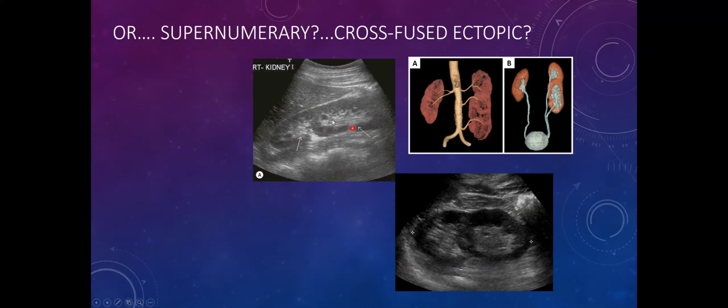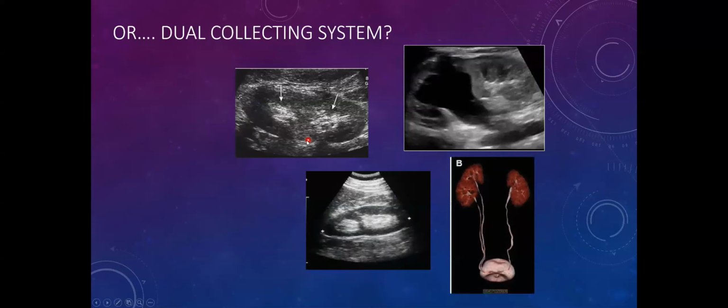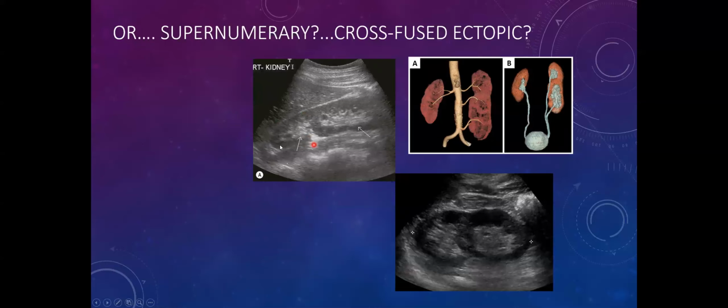In this case, this is the upper pole of a right kidney, kind of along here, and then a second right kidney right up against it.